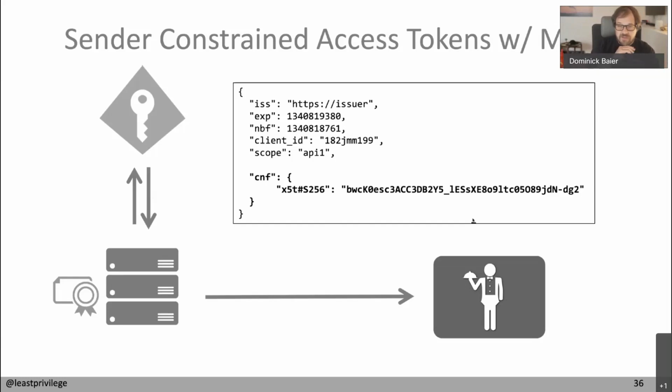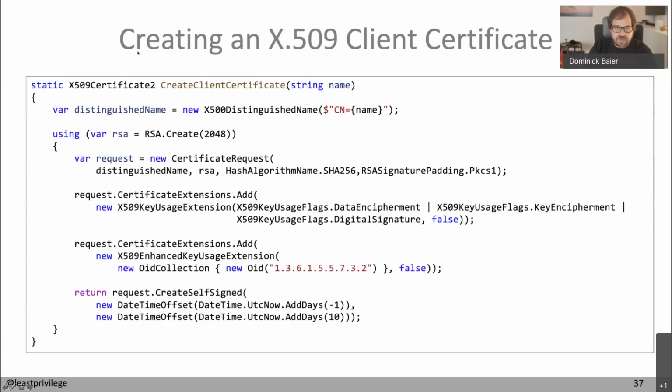The good news is, starting with .NET Core 2 point something, we can actually create X509 certificates in code on the fly. That's all the code you need, and there are some magic things in there, but whatever, it works. What this does is generate an X509 certificate on the fly that I can use for opening a TLS channel.